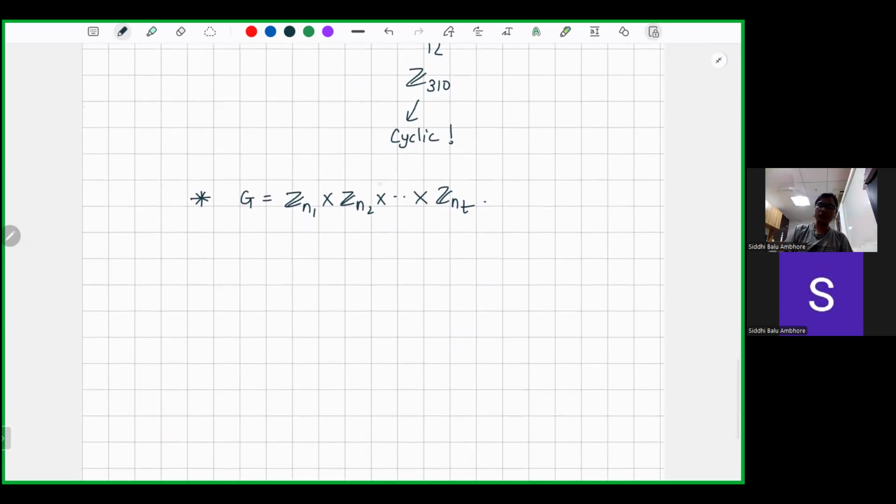And this one is for the exponent of the group. So I'm just writing something for the exponent of the group.